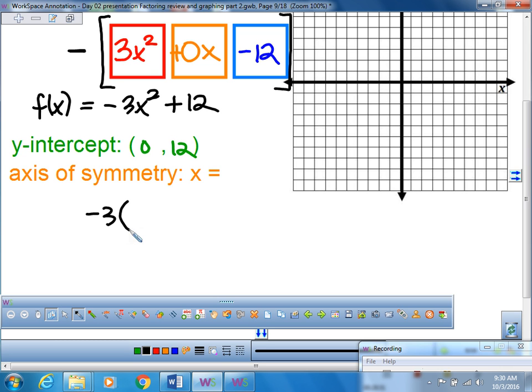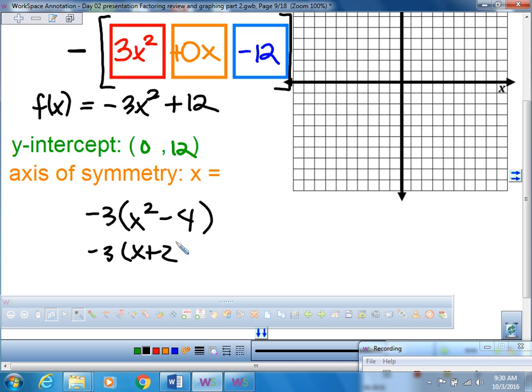X squared and what? Minus 4. Isn't that the difference of 2 squares? Negative 3, x plus 2, x minus 2. All the forms are the same. They're all the same thing.